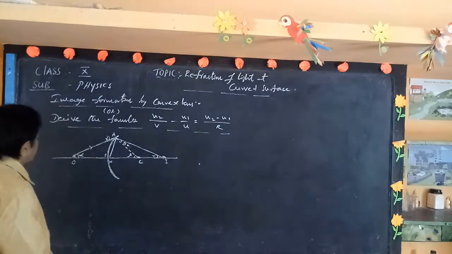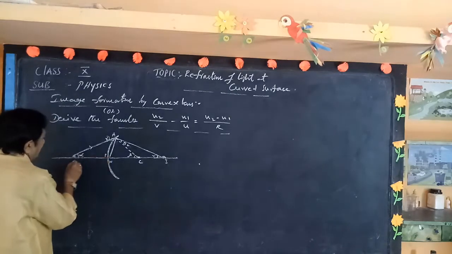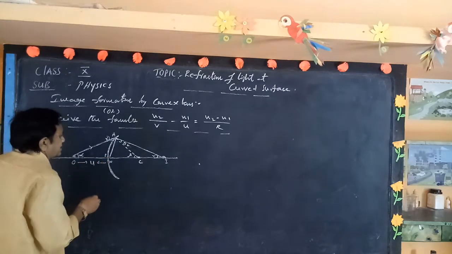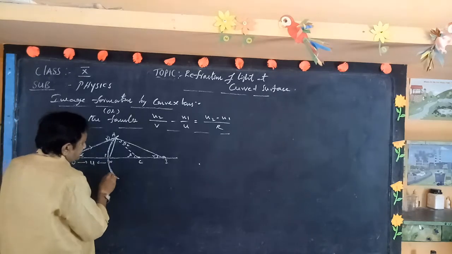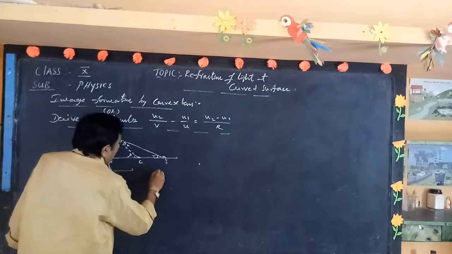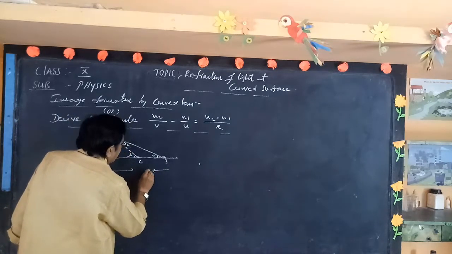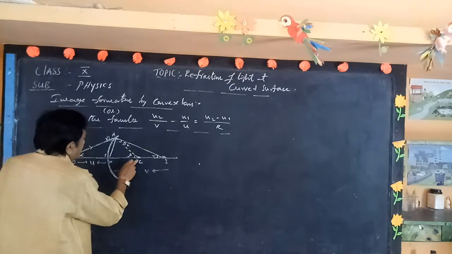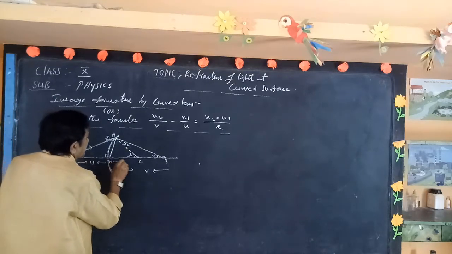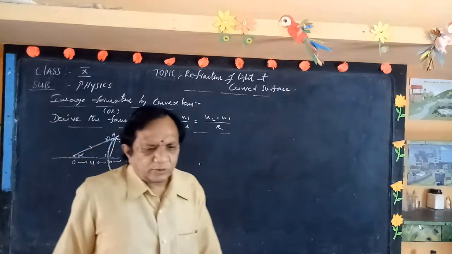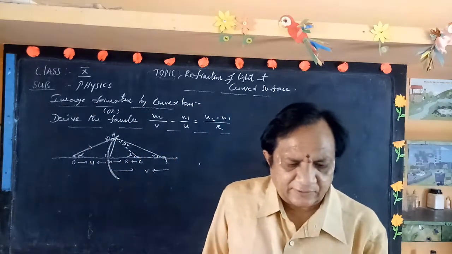Now the distance between P and O, we consider as the object distance U. The distance from the pole, that is the optic center, to the image will be taken as V. The distance from the center of curvature to the pole we consider as R, the radius of curvature.